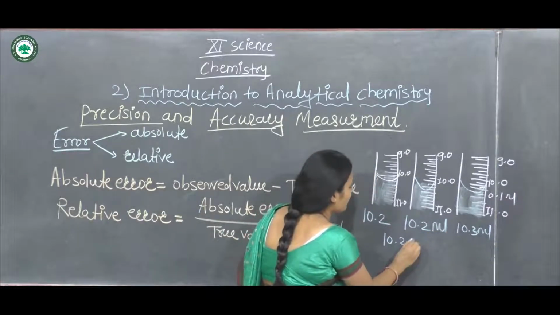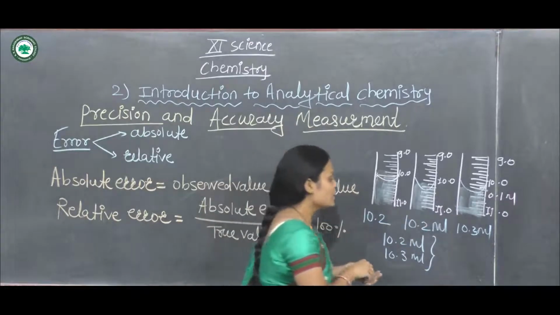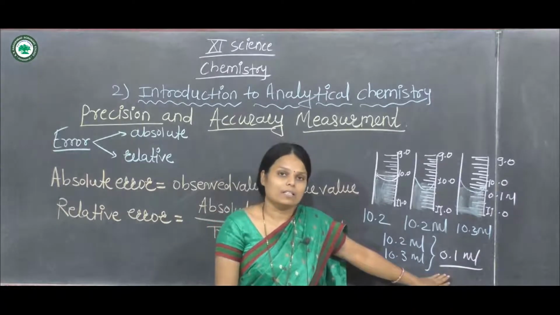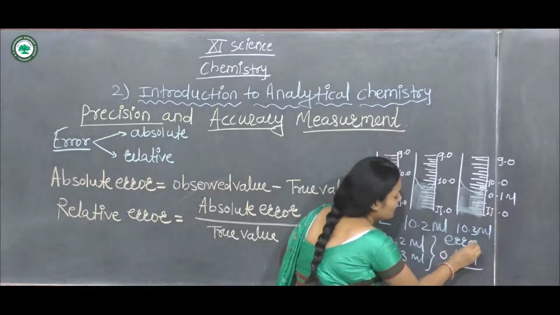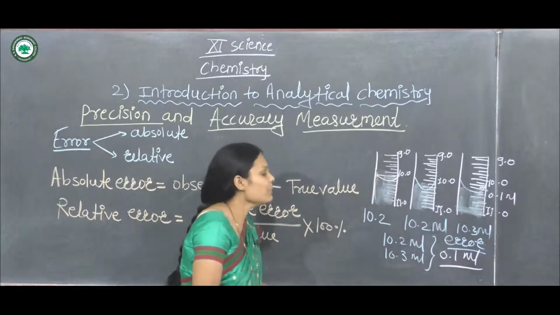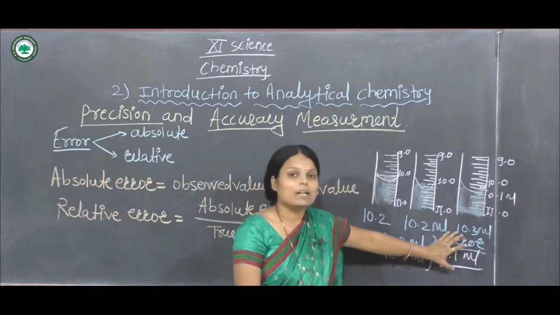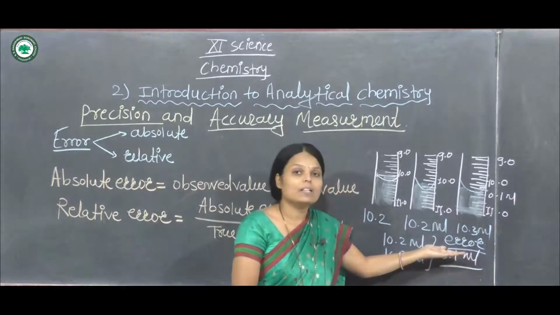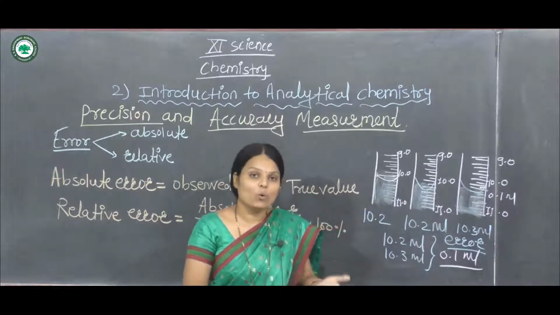The difference between the two readings is 0.1 ml, and that is called the error. The more error is present, the less accurate the reading. The less the error in the experimental reading, the more the accuracy.